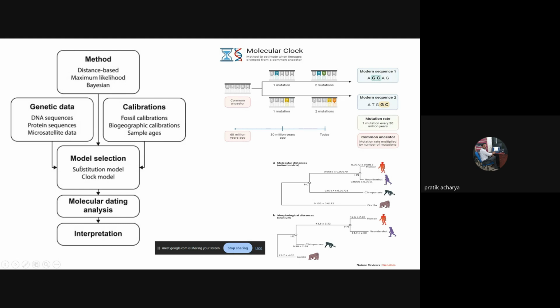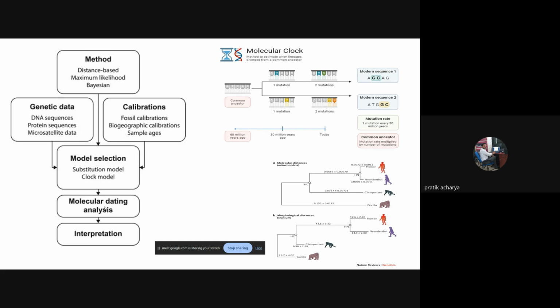Okay, so combined form model selection, clock model, presentation of variation and comparison, and molecular dating analysis provide the idea. Molecular dating analysis means we can assume the time by carbon dating, uranium dating, different dating processes. Then only we can interpret which one is actually the ancestor of the other.